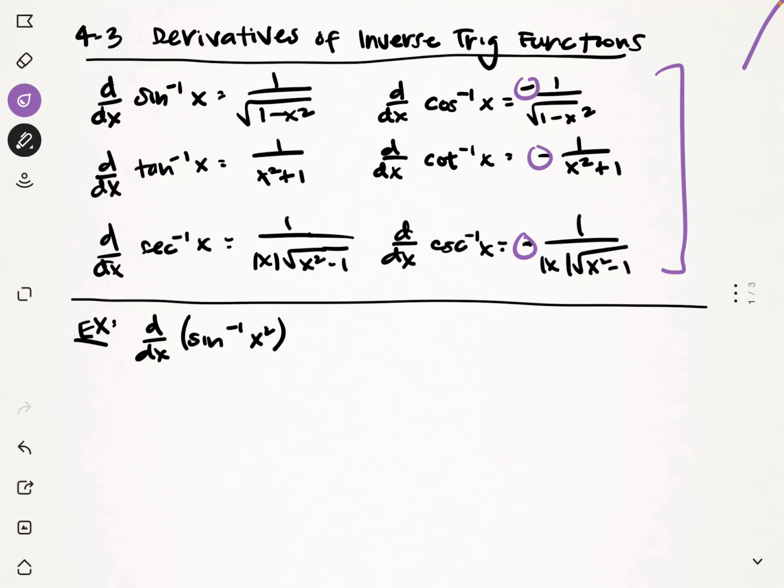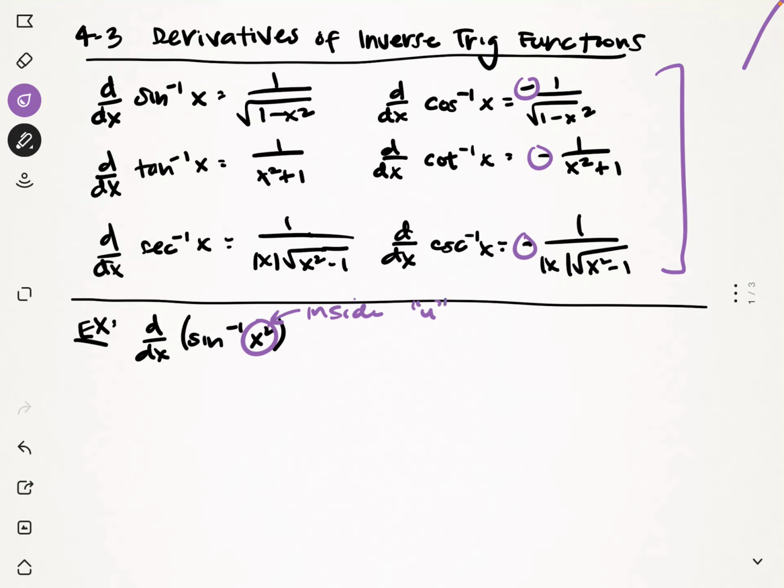Okay, so let's look at the first example. It's saying to find the derivative with respect to x of sine inverse of x squared. Now, remember that anytime we have an inside function, and it's not just an x, we need to chain rule. So notice this would be our inside, or our u.